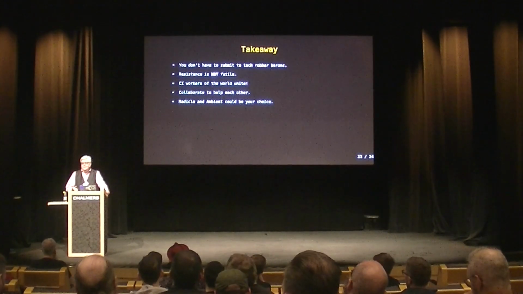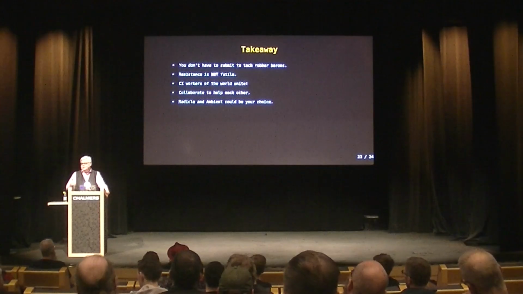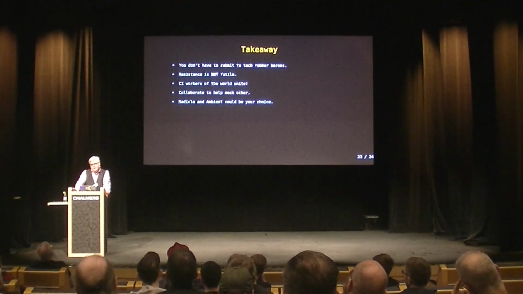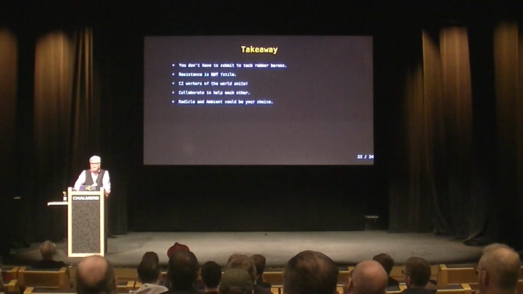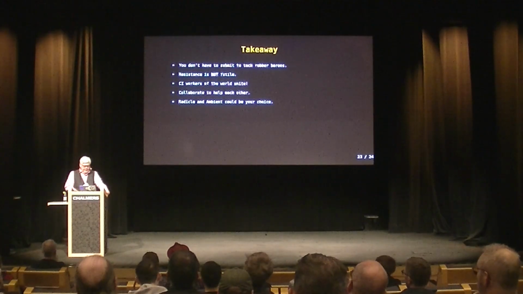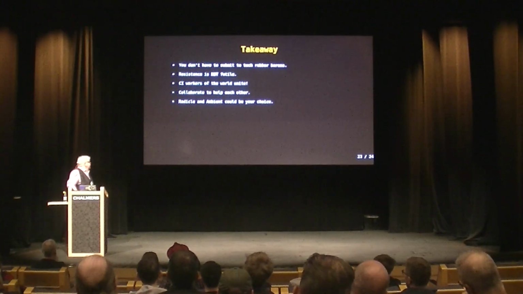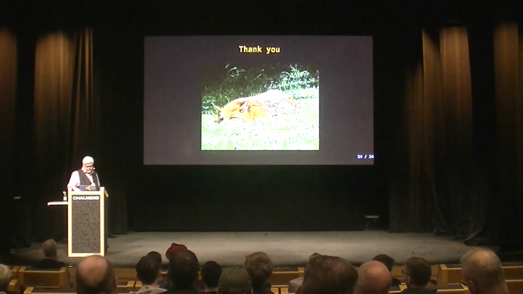And if you decide that Radicle is too radical, you might go for something else, your own self-hosted Forgejo or whatever it might be. That's good. The Radicle project is not in competition with Forgejo, but with centralized systems that are big and evil. And thank you.